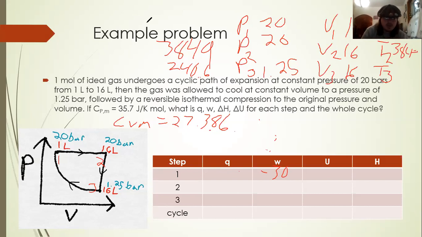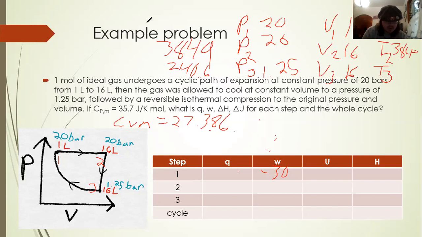Now, this is a constant pressure system. So C sub P is 35.7. It's gone from, and we multiply that by 3849 minus 240.6.